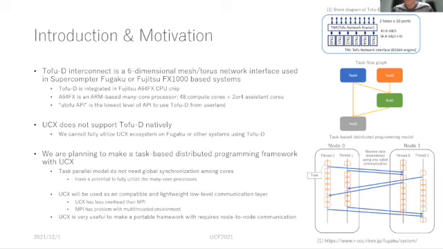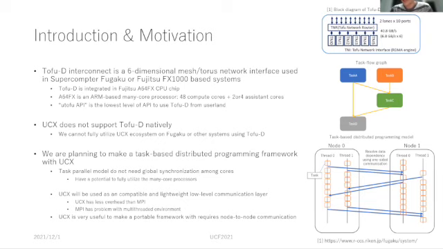We also have Fujitsu MPI, which supports Tofu natively. So if we have a program written with MPI, we can just compile it with Fujitsu MPI to run on Fugaku.